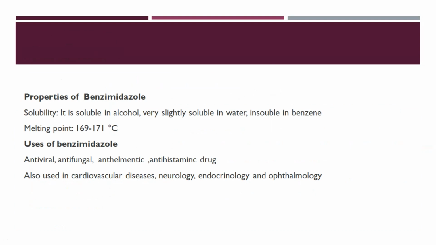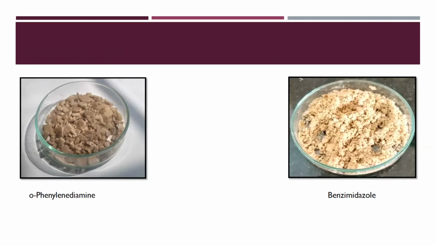It is also used in cardiovascular diseases, neurology, endocrinology, and ophthalmology. So you can see benzimidazole has various uses. Here you can see how orthophenylene diamine appears. You can see brownish colored flakes, and you can see benzimidazole.